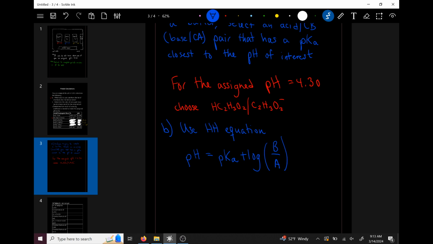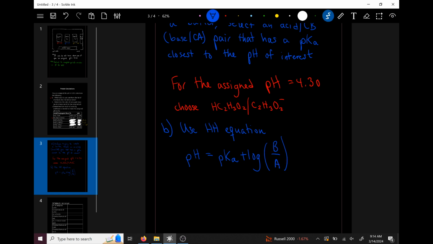Remember that B over A doesn't actually have units because everything is with respect to activity, okay? Not for this lab, but for the next lab, experiment 9, when we do our titrations, we're going to do something kind of interesting with our Henderson-Hasselbalch equation. So I have virtually all the information to figure out what the ratio of B over A is. That's just a number, right?